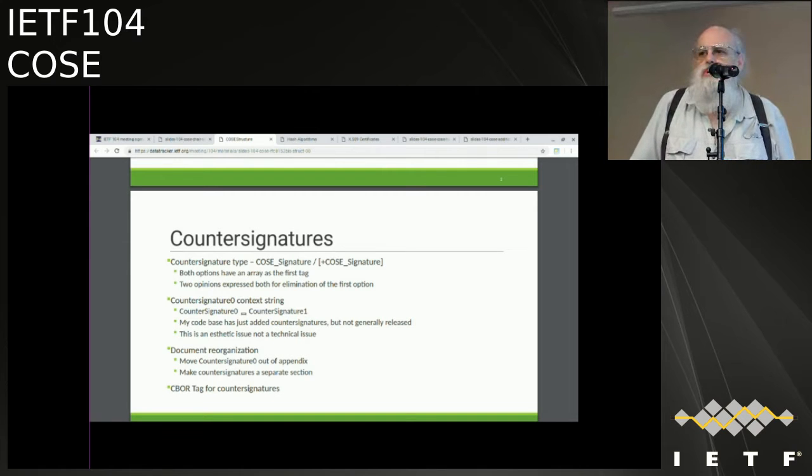When we compute all of our authentication structures, we've got a context string in everything. And right now, the context string that we use for the countersignature 1 structure is countersignature 0. It's that way for historic reasons.